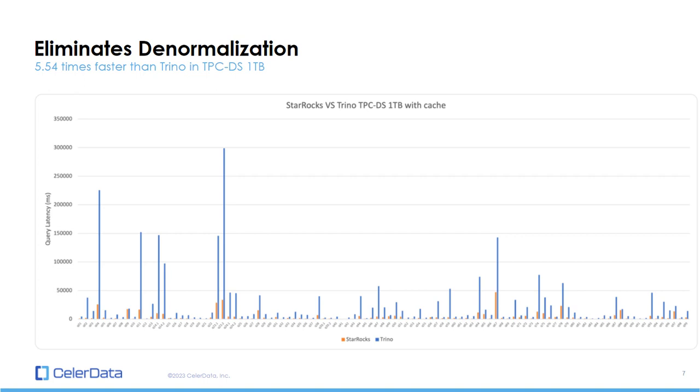TPC-DS is different from SSB. SSB really resembles the kind of workload of reports and dashboards, where the queries are not that complex, and are always generated by some application or BI tool.